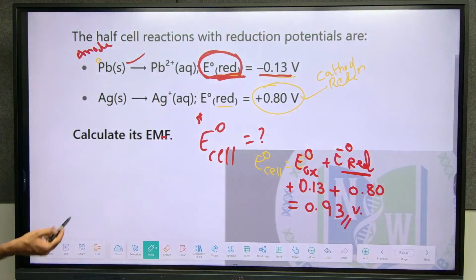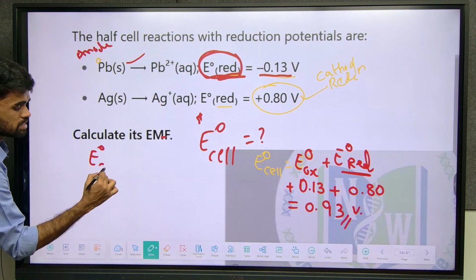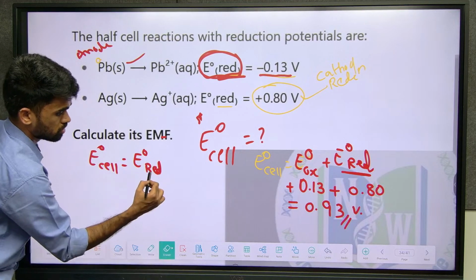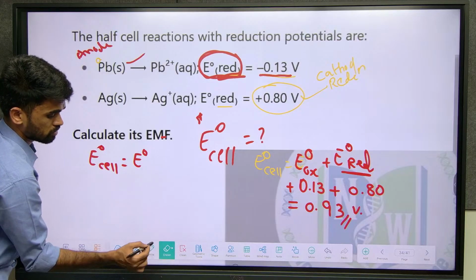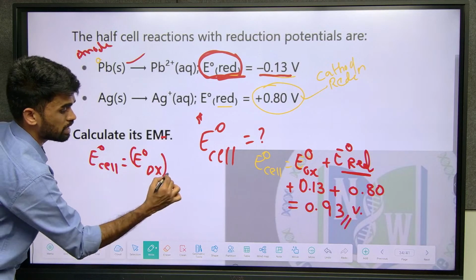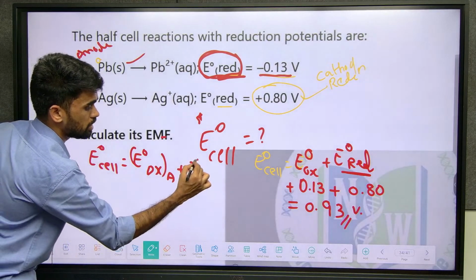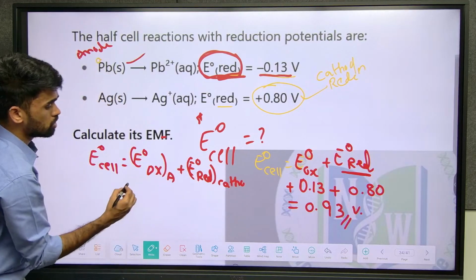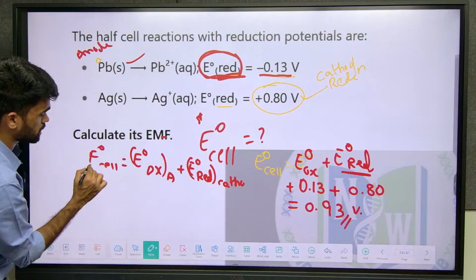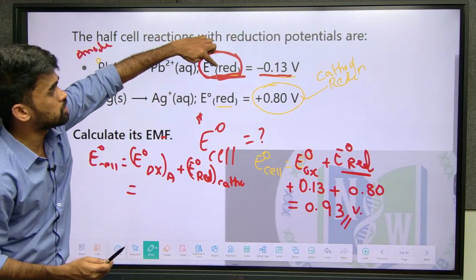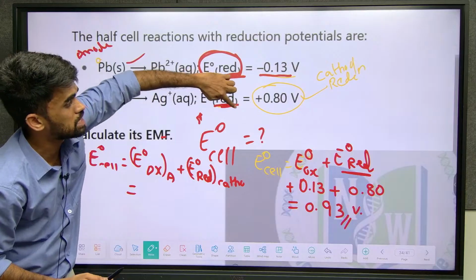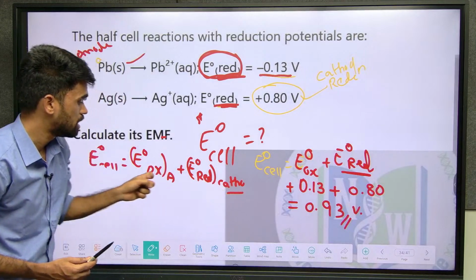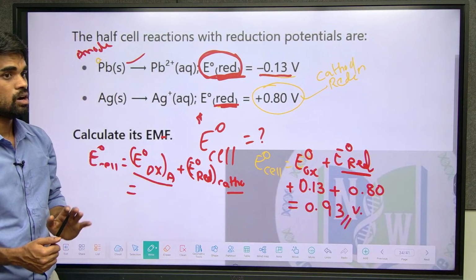See, once again I am saying: E0 cell means, what is the formula? E0 of oxidation, taken at the anode, plus E0 of reduction, taken at the cathode. But the question gives both as reduction potentials only. So which half cell is the reduction half cell? The cathode half cell. Which is the anode half cell? How to decide?